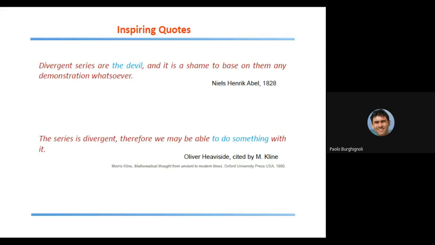However, in half a century, things had very much changed, and Heaviside, who, by the way, was an engineer and not a mathematician, was much more optimistic about the usefulness of divergent series. As you can see here, if a series is divergent, then probably you can use it for some practical purpose, much more than if it were convergent.